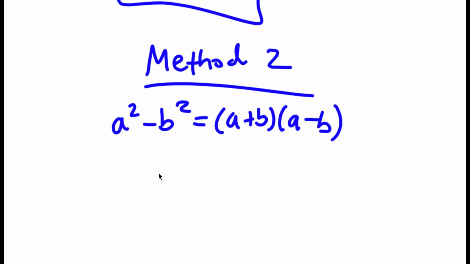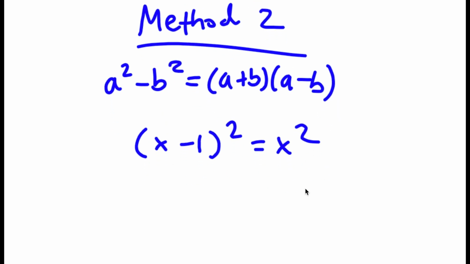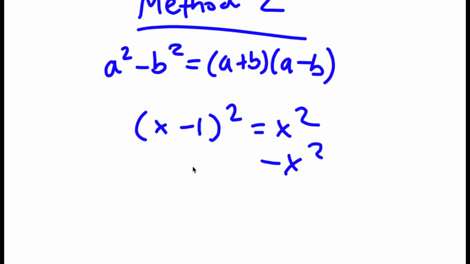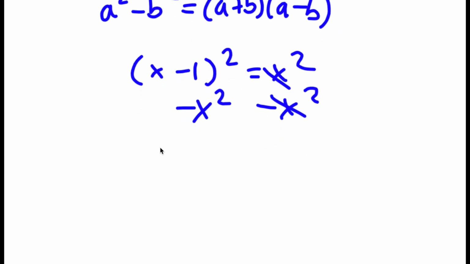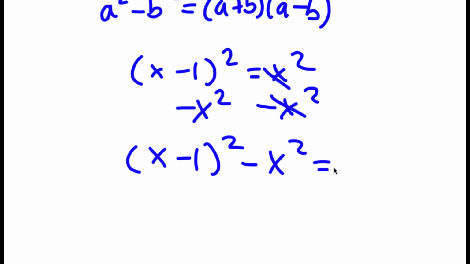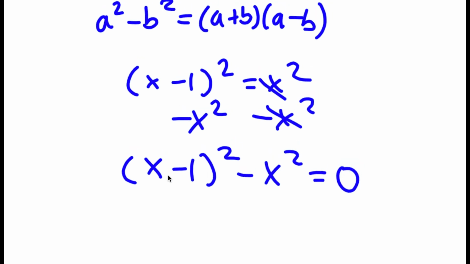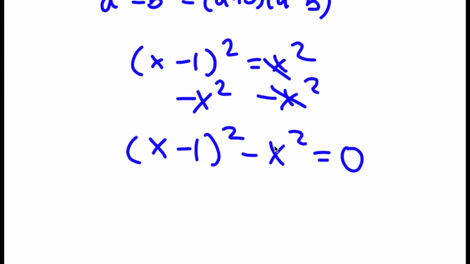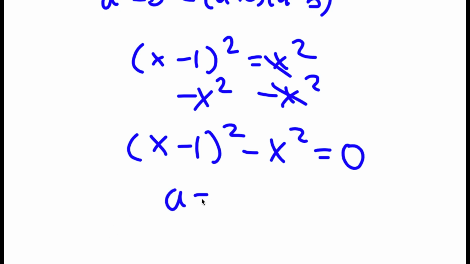So our equation is (x minus 1) squared is equal to x squared. So I can actually subtract x squared on both sides. So now I have (x minus 1) squared minus x squared is equal to 0. And now notice how this is in the form a squared minus b squared. A is x minus 1 and b is x.